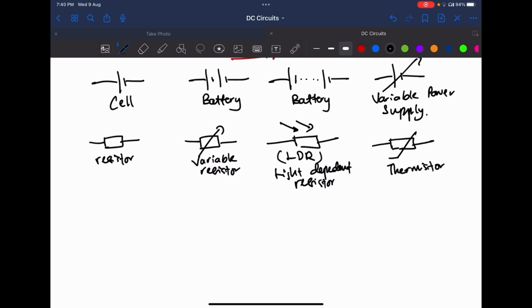So we're going to look at the function of this and this in the following part of this chapter.